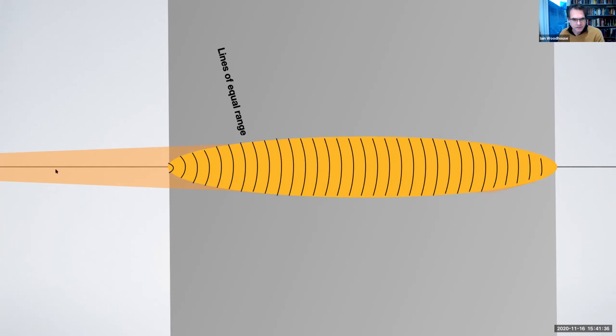Imagine we had a bit of string: you would draw out a little arc on the beam pattern, because at that range all of the echoes come back at the same time, since it's the same distance, and it would carve out a little curvature rather than a straight line.